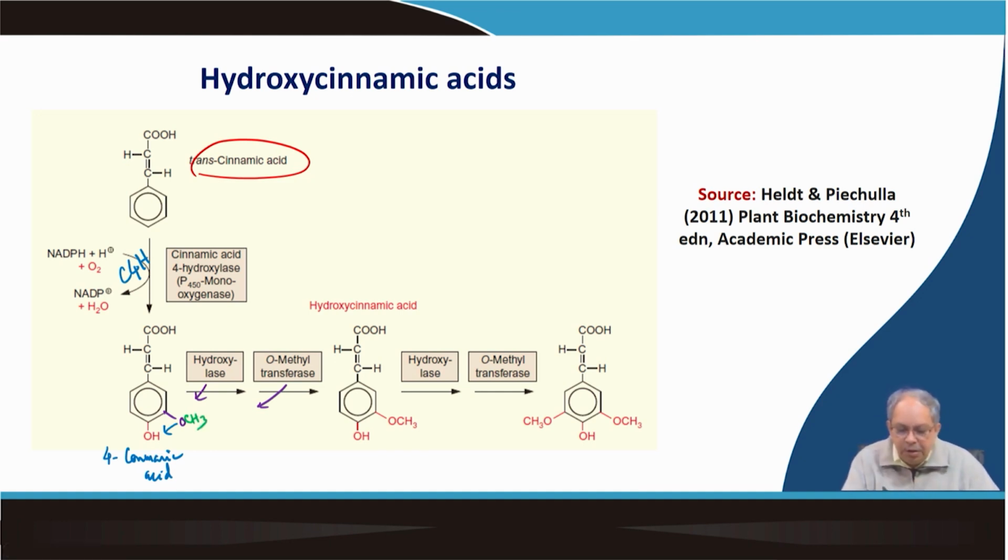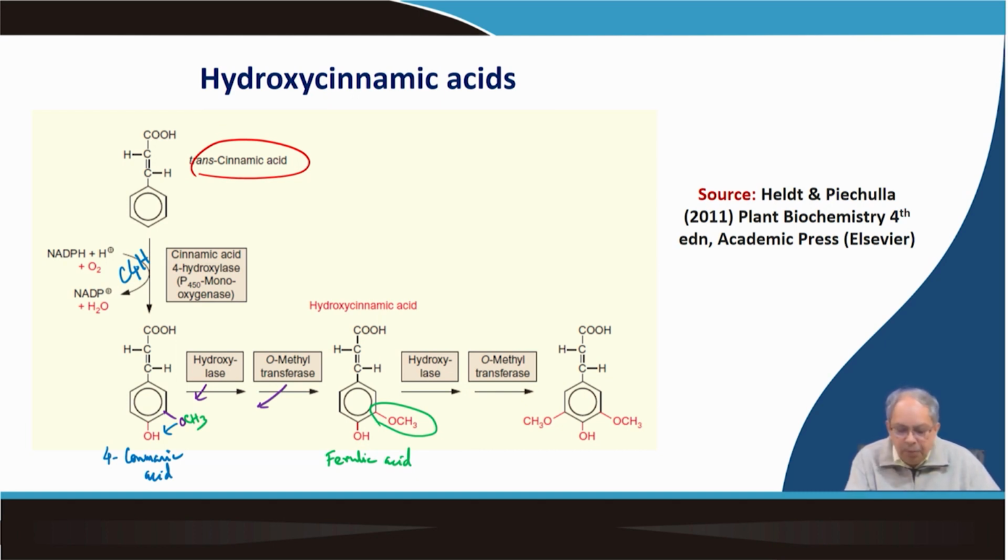Eventually this structure is called ferulic acid, or you can say 4-hydroxy 3-methoxy cinnamic acid.